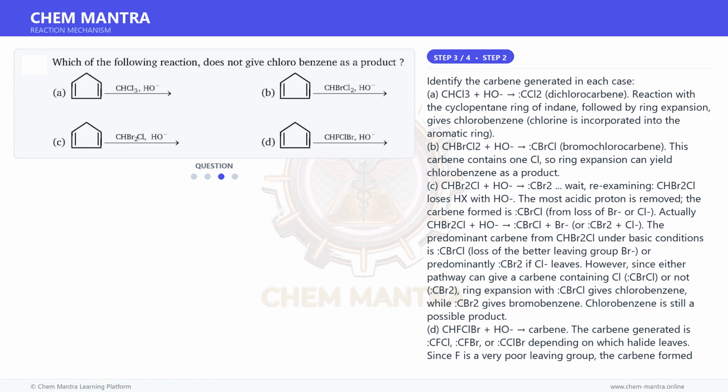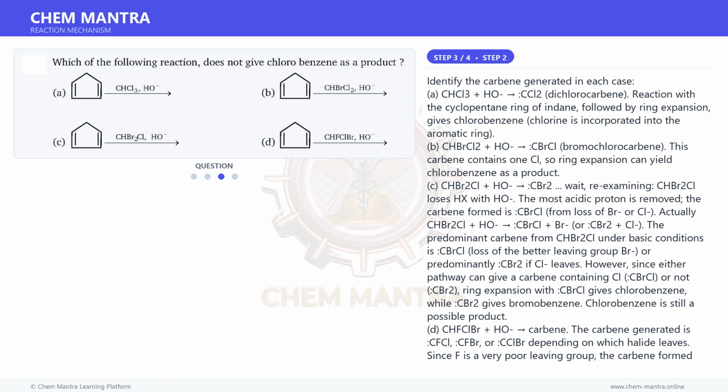The predominant carbene from CHBr2Cl under basic conditions is CBrCl, loss of the better leaving group Br, or predominantly CBr2 if Cl leaves. However, since either pathway can occur, ring expansion with CBrCl gives chlorobenzene, while CBr2 gives bromobenzene. Chlorobenzene is still a possible product.